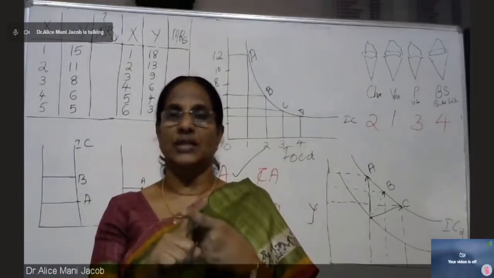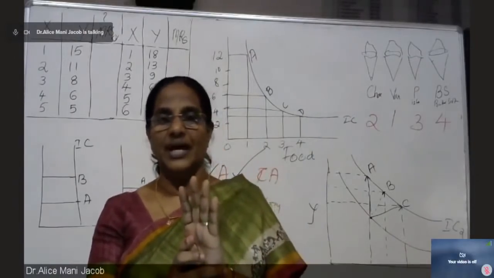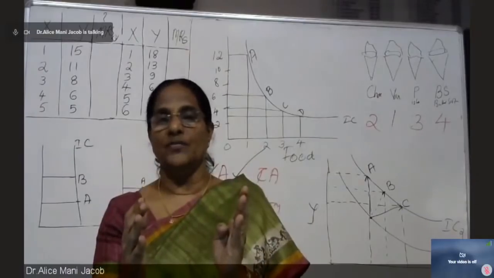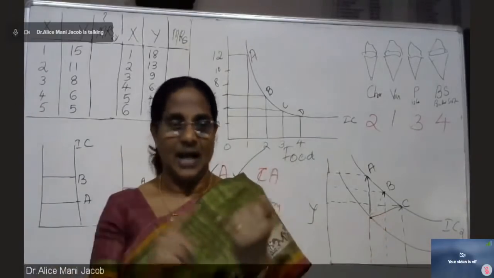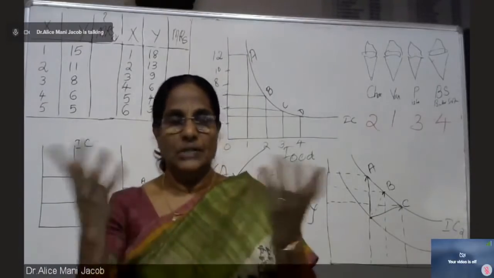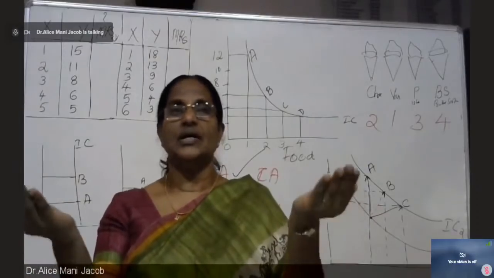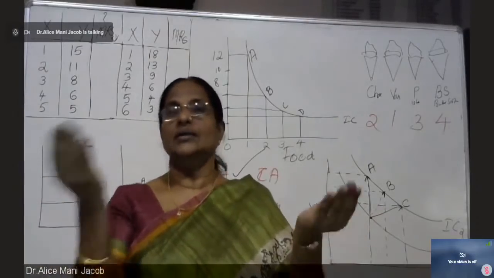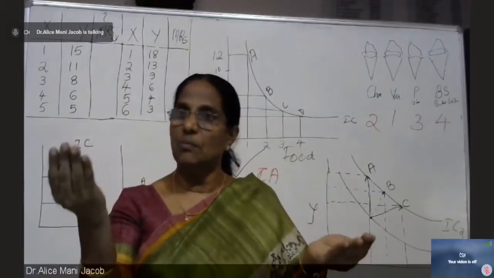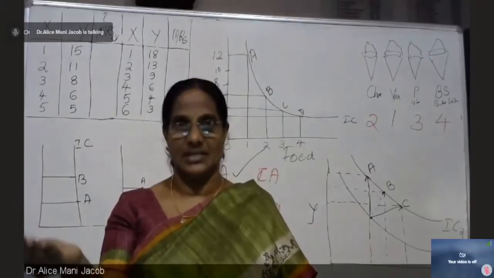And the fourth thing that you must remember about indifference curve is more is always better. Suppose there are two baskets of commodities. A consumer would prefer the basket which has more goods compared to the basket which has fewer goods.